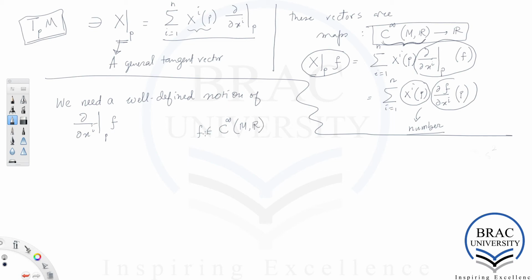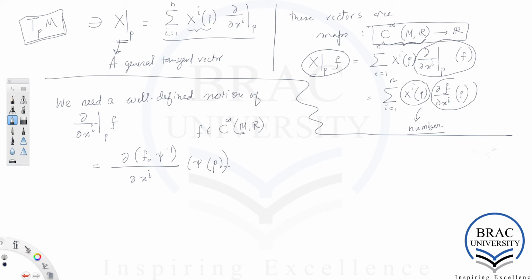In other words, f is a real valued smooth function on M. Okay, so this is defined as del by del xi of f composed with psi inverse evaluated at psi of p.